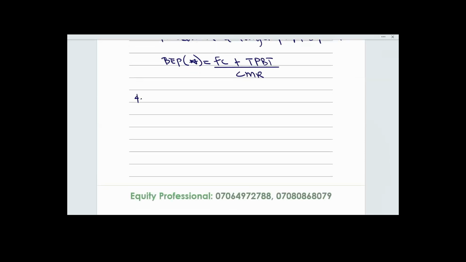The objective number 4 is to determine the units required to earn a targeted profit before tax.